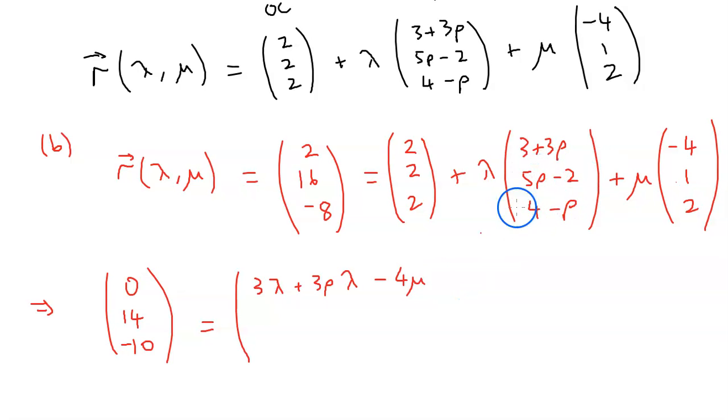And then we have 5p lambda minus 2 lambda plus mu. And then we have 4 lambda minus p lambda plus 2 mu.